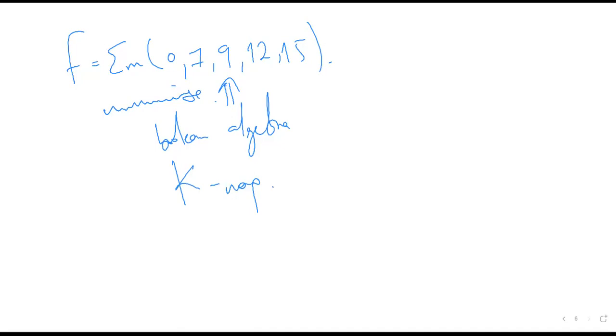Understood? How do you submit this? You write on a piece of paper. That's the simplest thing to do. Take a photo, turn that photo into a PDF, and send that PDF to my email.